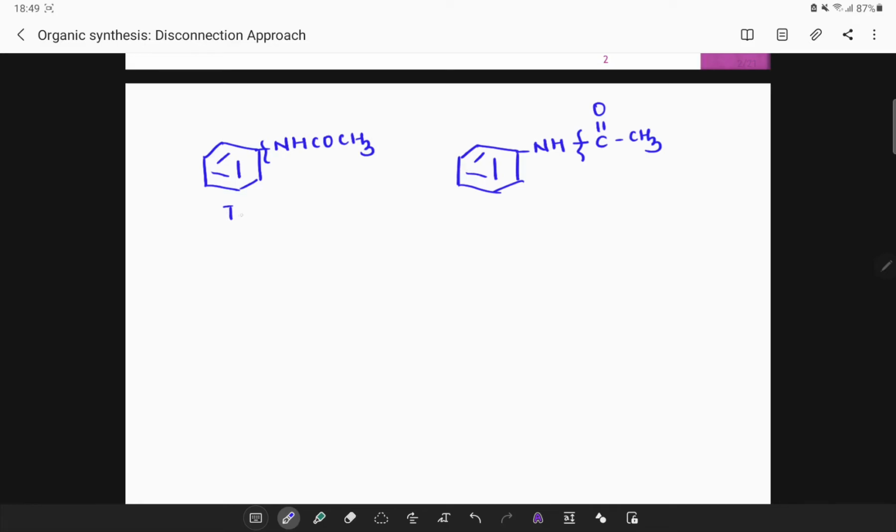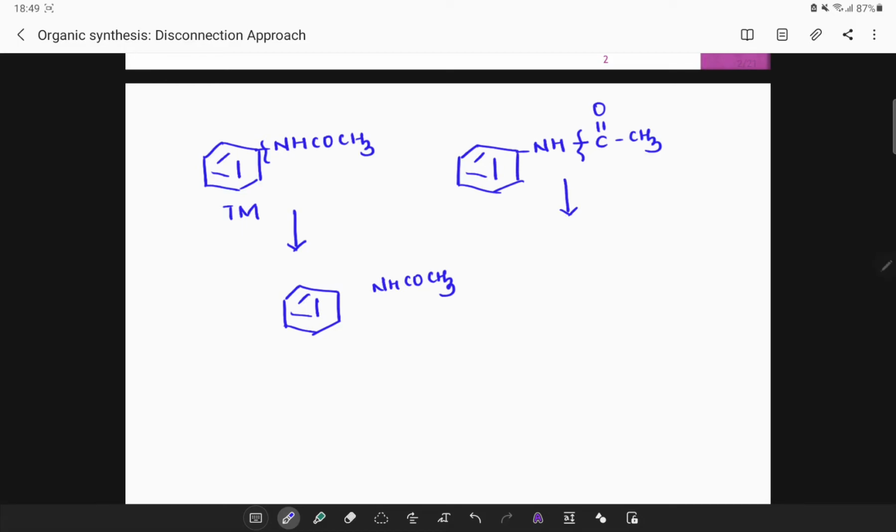My target molecule, acetanilide, is represented by TM. If I break this molecule, I will get a benzene system and NHCOCH3. Whether these compounds are feasible, or whether with this starting material I can synthesize my final product, is the approach given by the disconnection system.